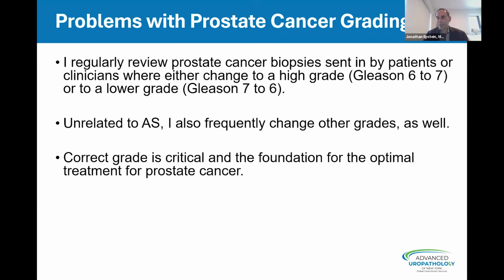But even if you're not on active surveillance, I also frequently change higher grades as well, which can impact treatment and prognosis. Probably the most important thing on that pathology report, in addition to making sure there is cancer present, is that the grade is correct. And that's the foundation for optimal treatment for prostate cancer.